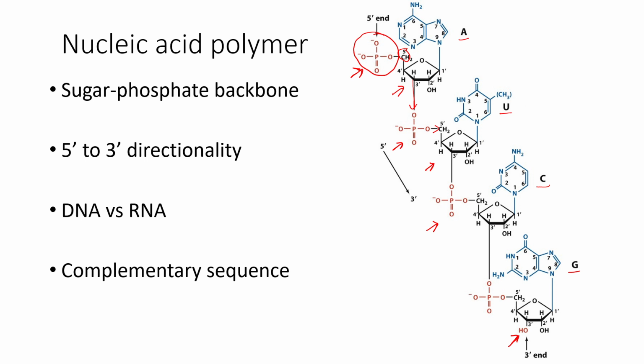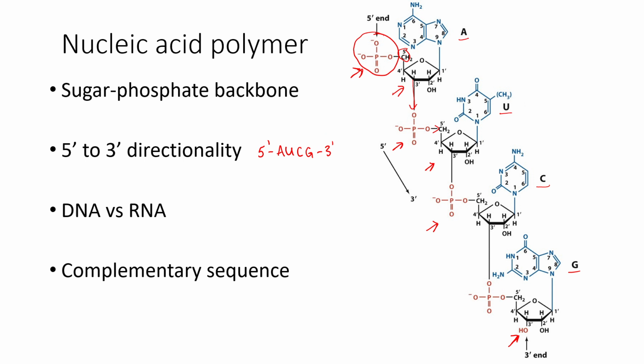So if we were to write the sequence of these 4 nucleic acids as a polymer, you could write 5' end, and then you have A, U, C, and G, followed by the 3' end. And that will always inform whoever you're giving this information to which direction your sequence goes in.